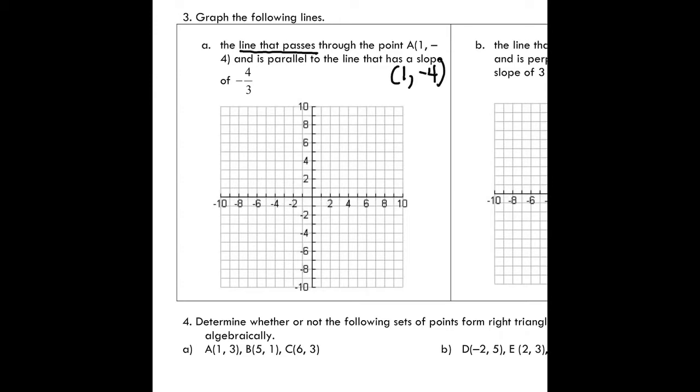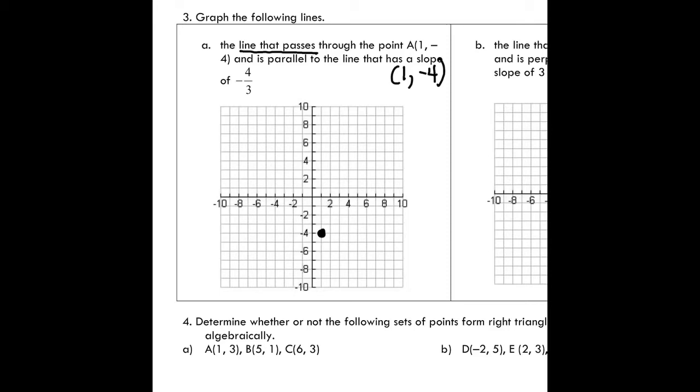That point is on the line. So I'm going to go to 1 and I'm going to go to negative 4. Okay, now my line could be like this. My line might be like this. I just know that whatever line I'm drawing, it goes through that point because they told me that in the question. So I've got to keep getting some more information to know what the line looks like.